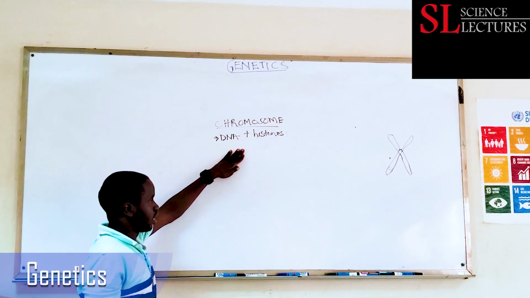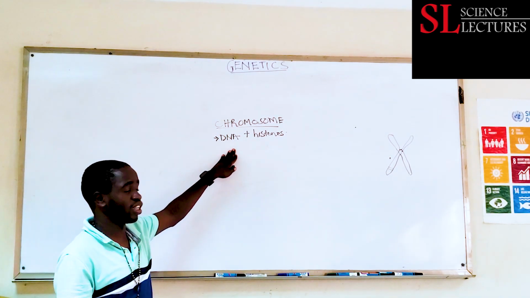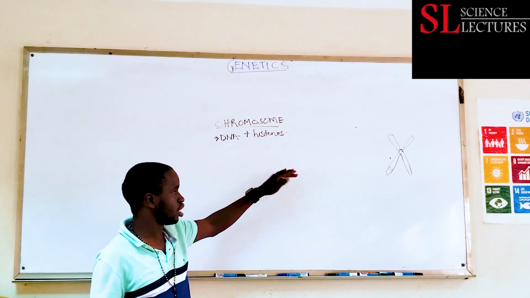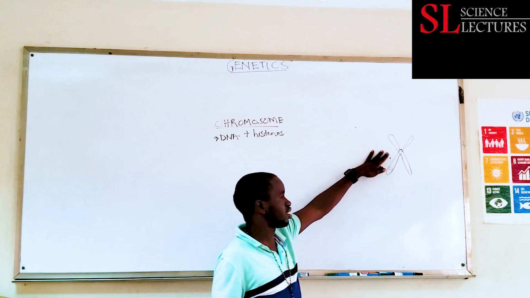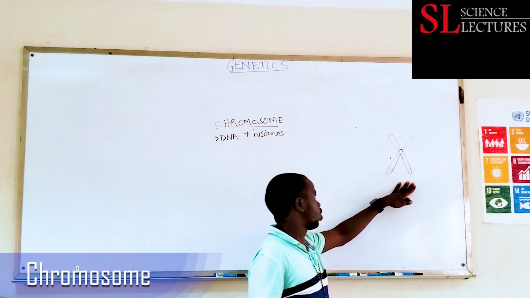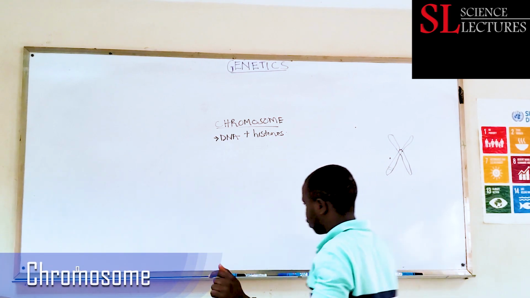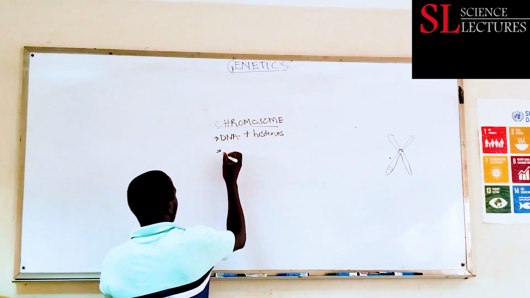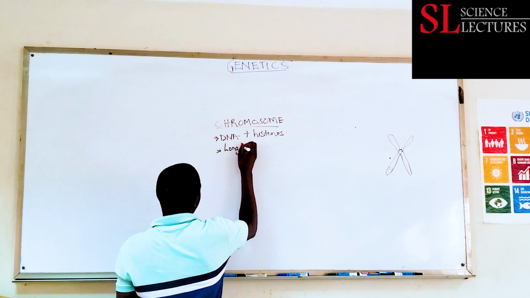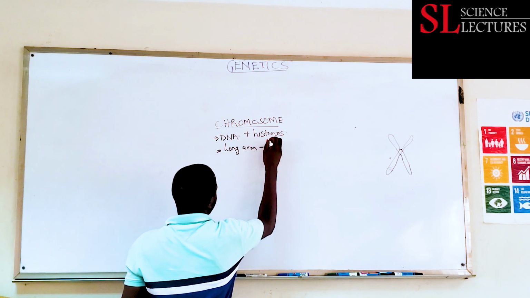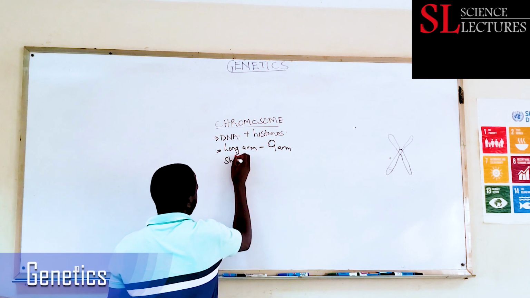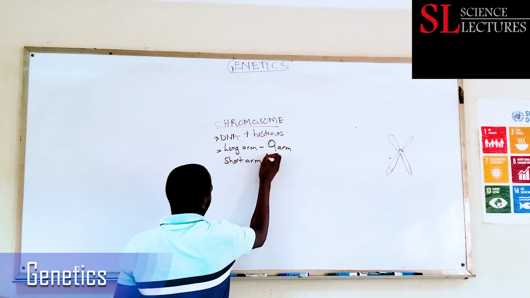So DNA is where we find the genes, and the proteins that surround that DNA are called histones. What I have here is a structure of a chromosome, and a chromosome is made up of two arms, a long arm and a short arm. The long arm is called the Q arm, and the short arm is called the P arm.